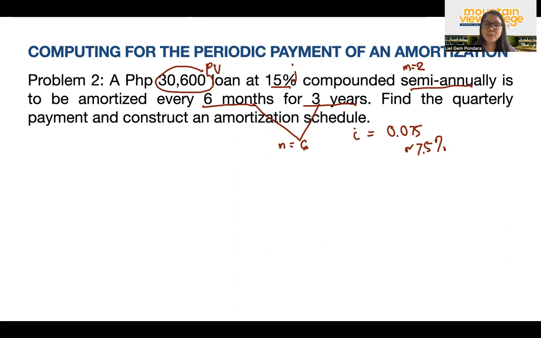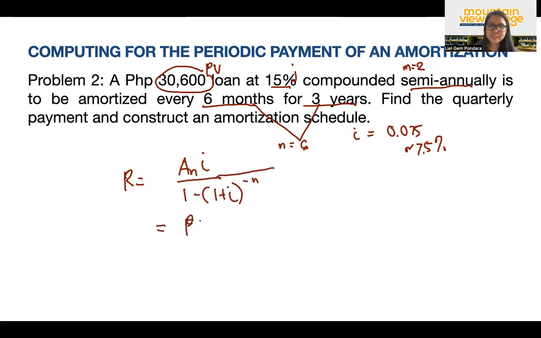We are looking for the periodic payment. You scan your notes again and go back to your formula for the payment given the present value for a simple ordinary annuity. So we have A sub n times i over 1 minus (1 plus i) to the power of negative n.